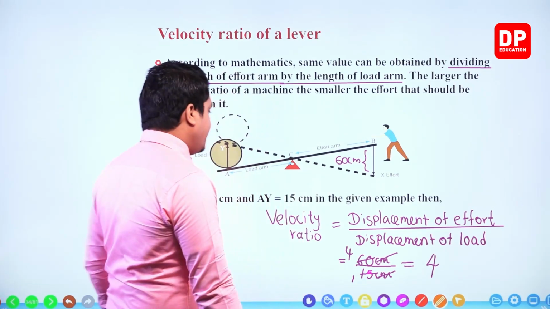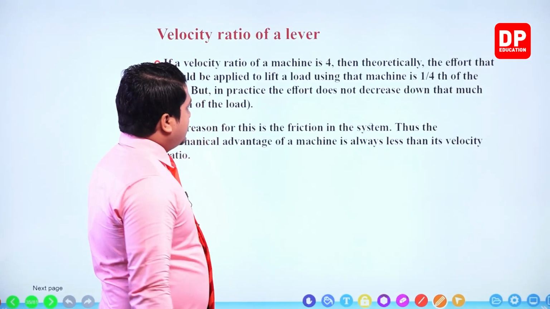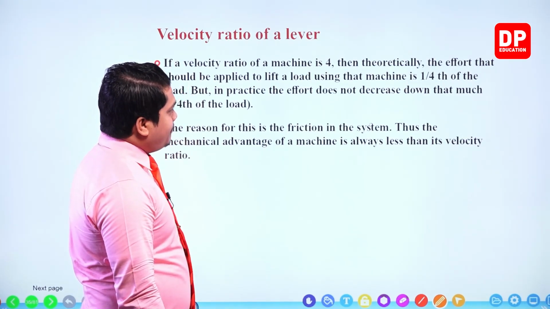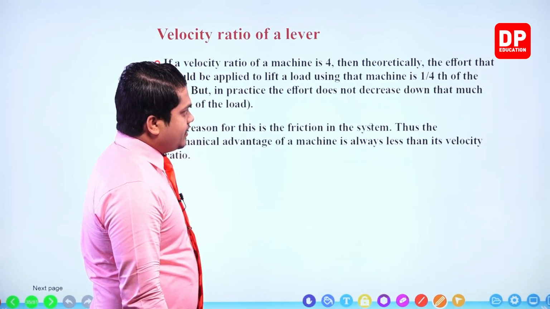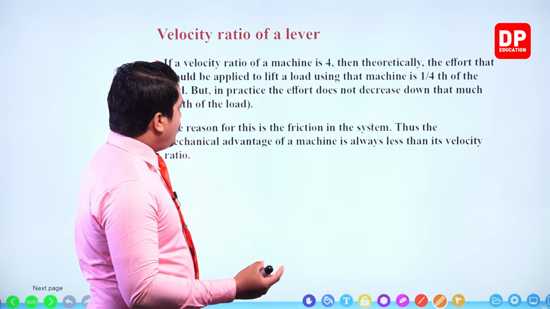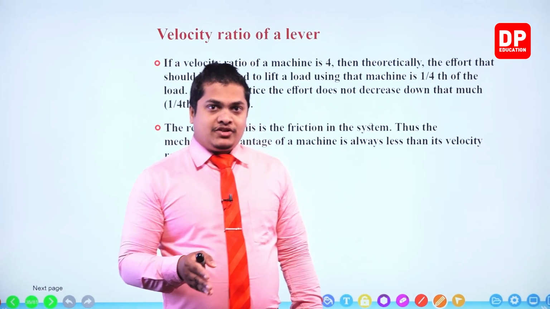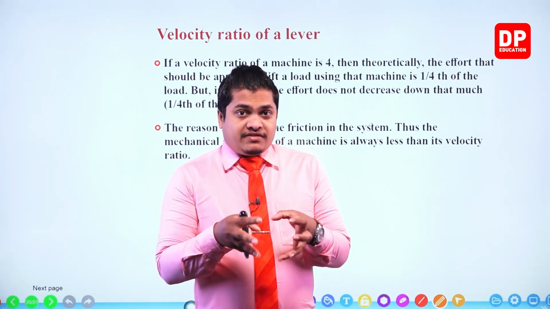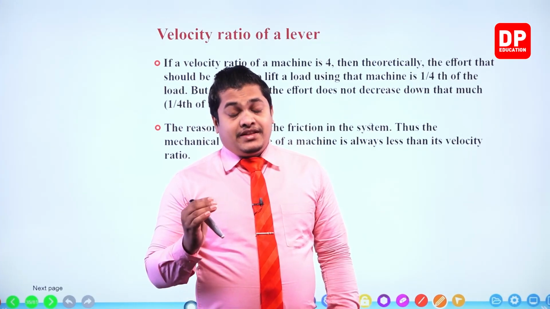Right then. If the velocity ratio of a machine is 4, as we got earlier, then theoretically the effort that should be applied to lift a load using that machine is 1/4 of the load. Now what do we mean by that, my dear children? Here the definition of the velocity ratio is given.